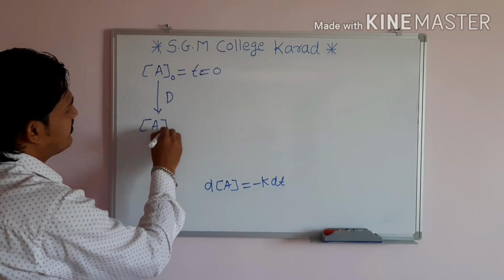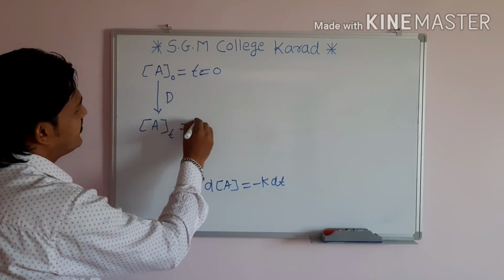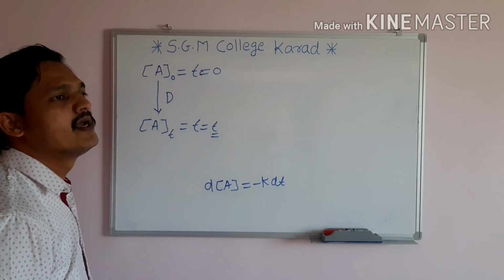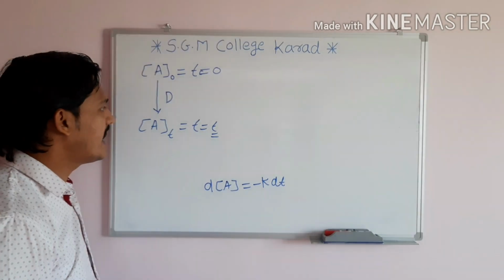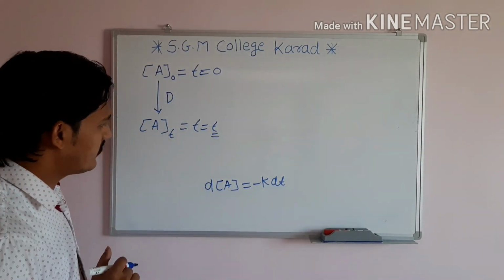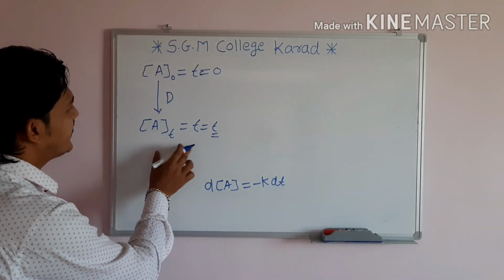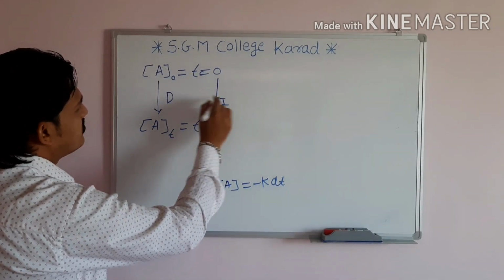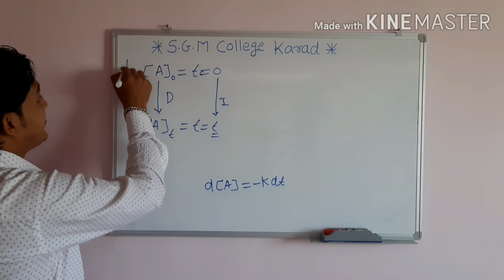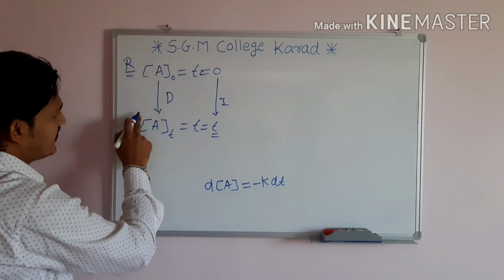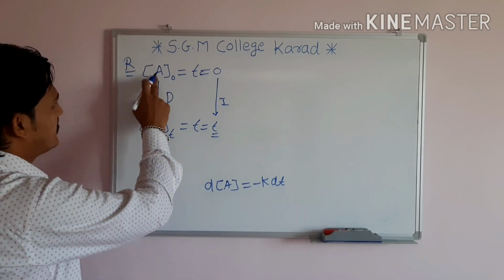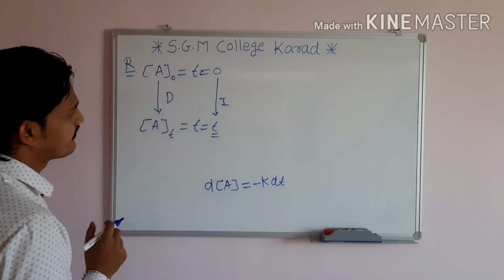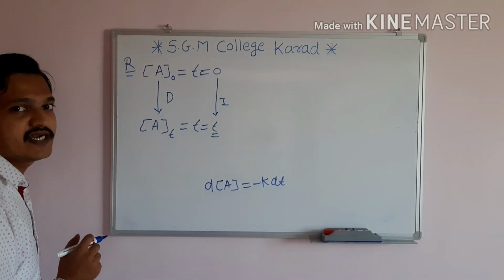Concentration will become At after time t. t indicates 1 hour, 2 hour, 3 hour, whatever number you like, you can put there. So this is our basic data. Time increases, concentration of reactant decreases. Initial A0, final At, t is equal to 0, t is equal to t. This is our basic data.